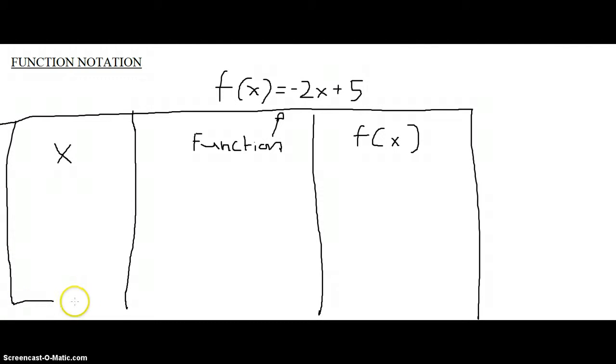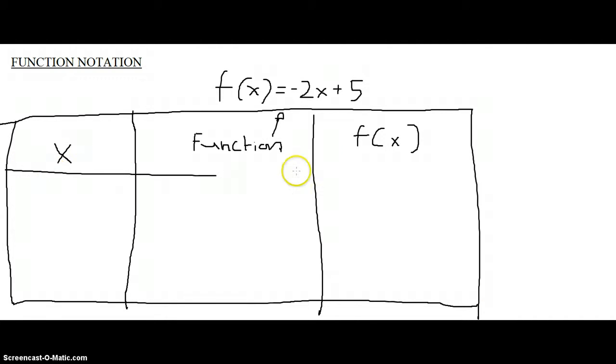First, you have to make this look good. Negative 3, 0, 1/4.